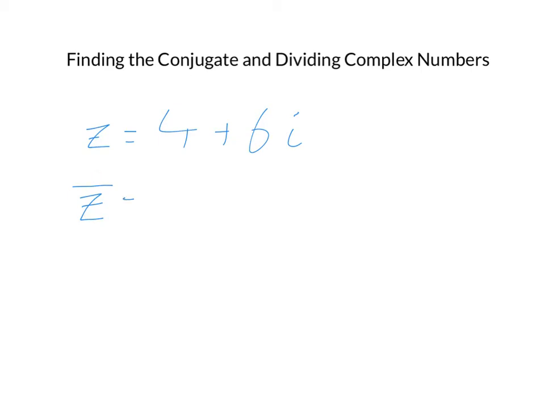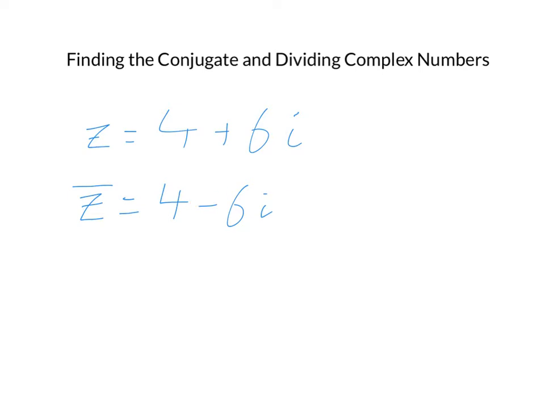So it's not a normal z, it's its conjugate. We rewrite the real number normally, then we just change the sign when we're writing out the imaginary part of that complex number. So z was 4 plus 6i, but now to find the conjugate, we change it so it's 4 minus 6i. Again, we leave the real number the same, and we just change the sign of the imaginary number.